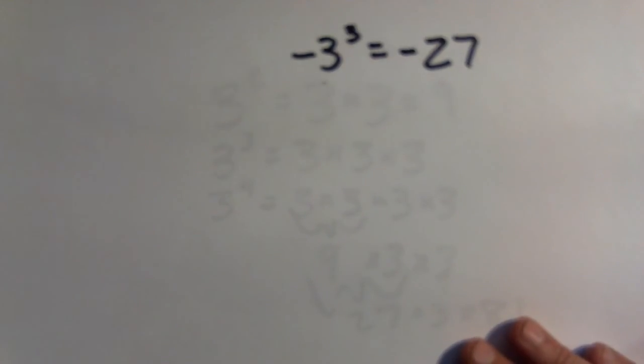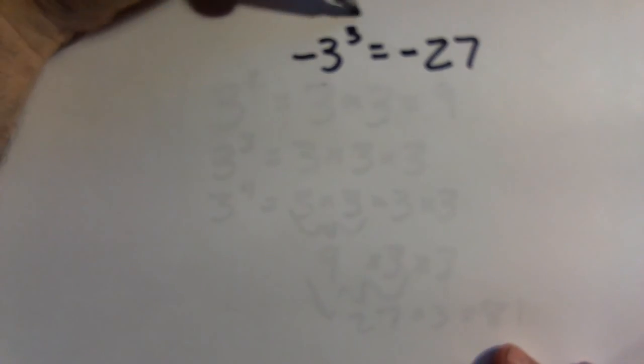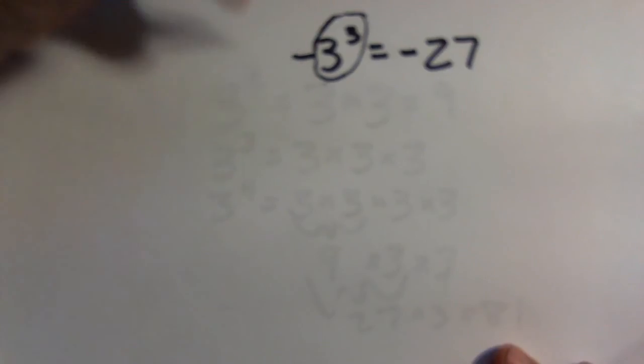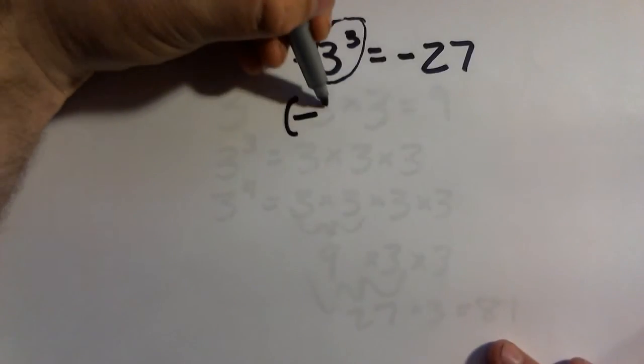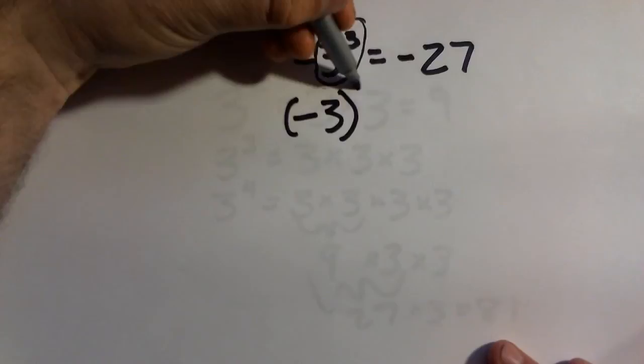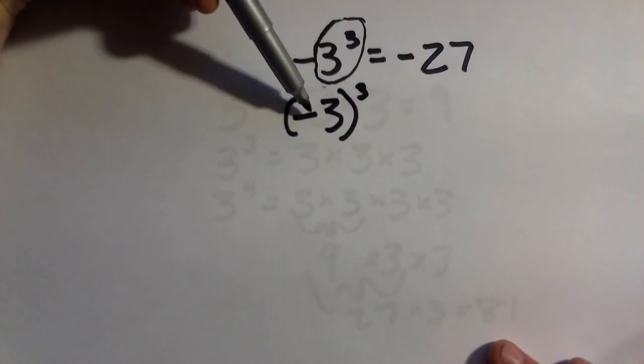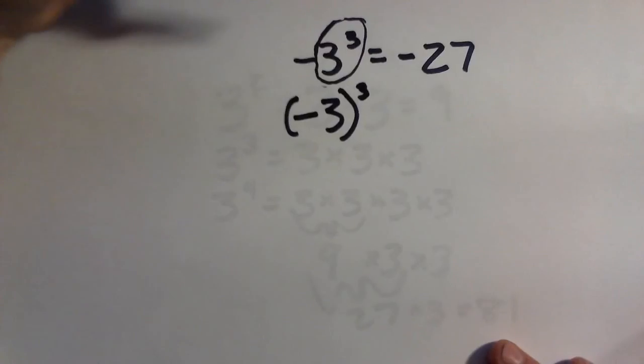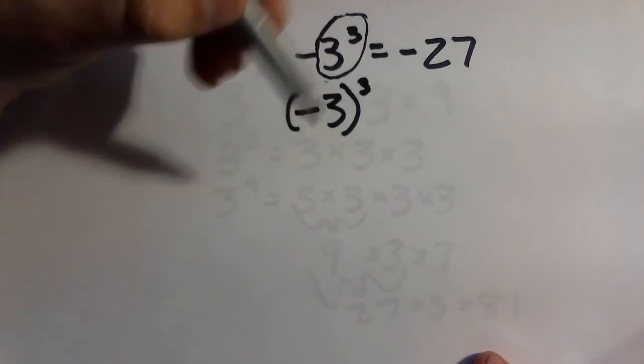Then we just throw that negative out front. Now I did that a little quick on purpose. This exponent is only going to this 3, and then we apply the negative. So negative 3 to the 3rd power would be negative 27.